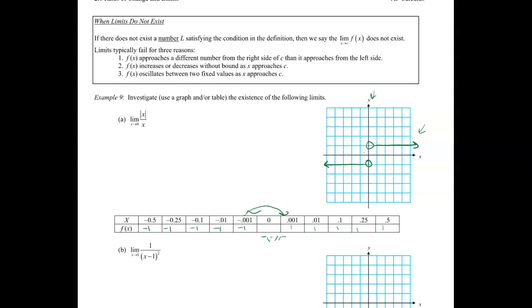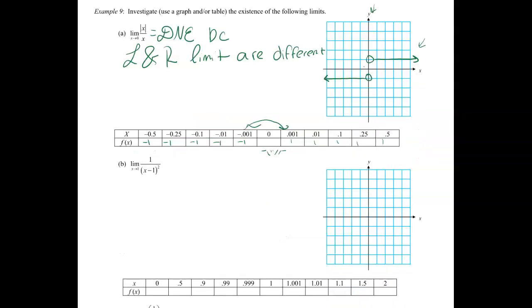But my limit at 0 does not exist, because the left and right limits are different. That's a bad case. Alright, let's look at the next one.